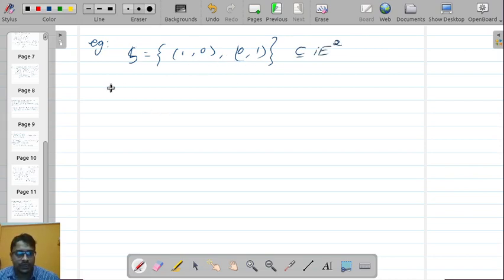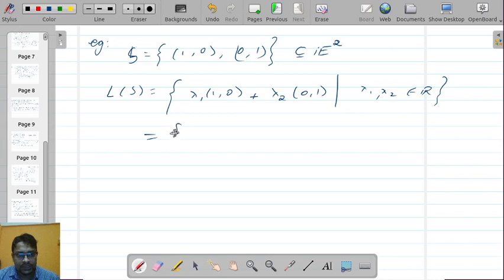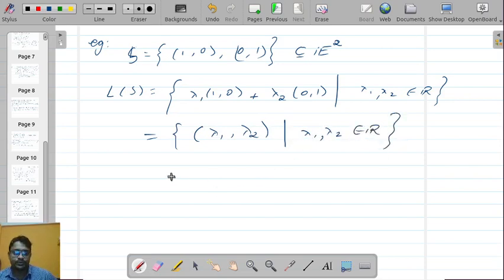Then the linear span of S is the set of lambda 1 into (1,0) plus lambda 2 into (0,1), such that lambda 1, lambda 2 are reals.